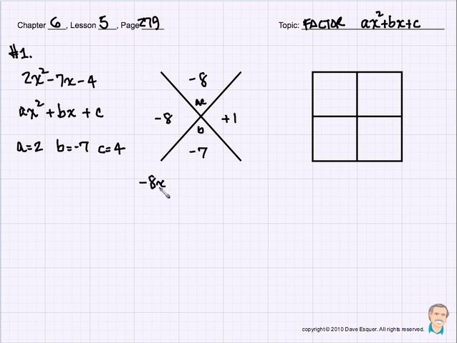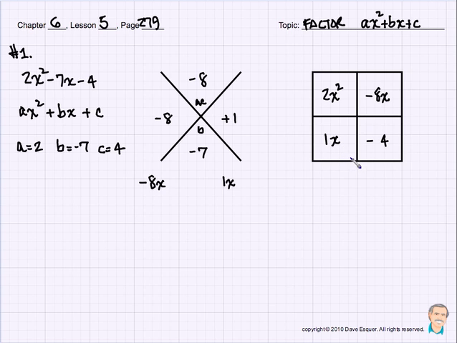So we have to place a minus 8x, and we have to place a 1x. Let's go to our box. Remember, we always stick in ax squared in the upper left, so that's going to be 2x squared. In the lower right is always going to be that c term, which is a minus 4. And we have a minus 8x and a 1x to place. So let's stick the negative 8x in the upper right, and 1x in the lower left.